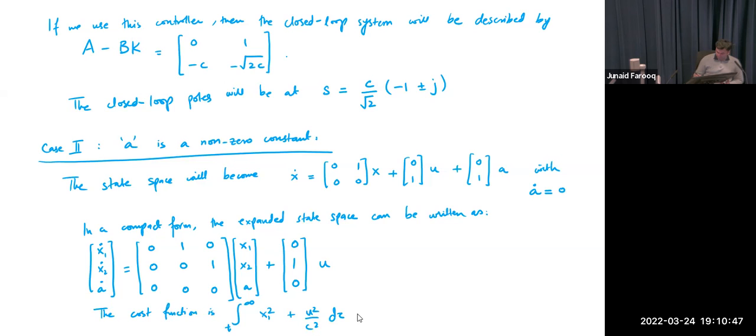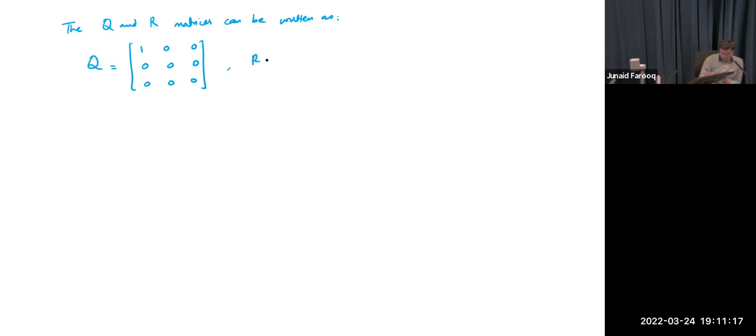So Q and R can be written as Q equals 1, 0, 0 and R equals 1 over c squared.